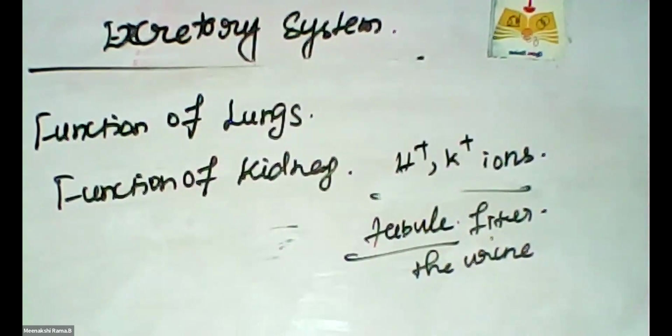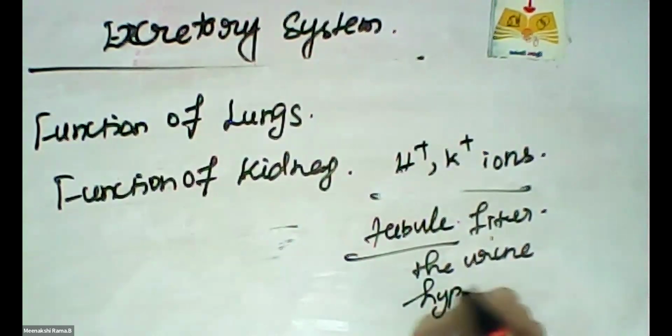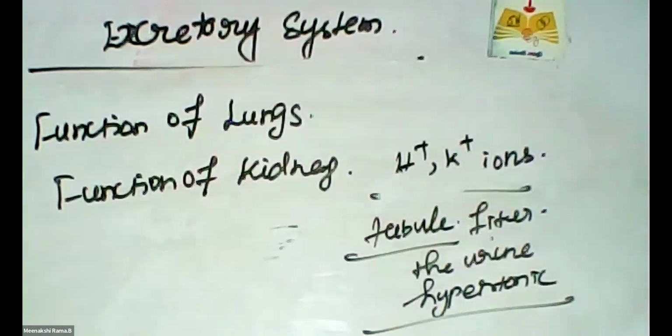This is known as hypertonic. The urine passes to the collecting ducts in the pelvis part, and then to the urinary bladder. That is known as tubular secretion.